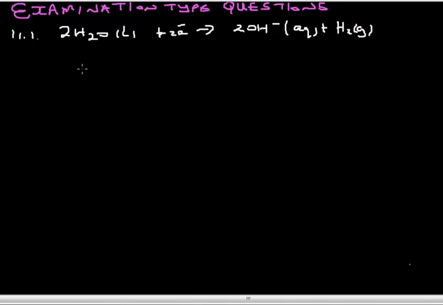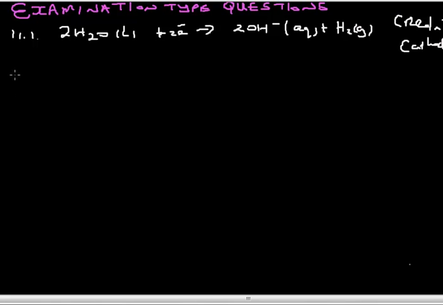So this is our reaction, and this is a reduction reaction which is taking place at our cathode, which is the negative electrode in our electrolytic cell.